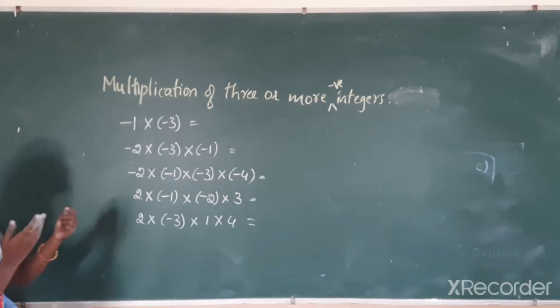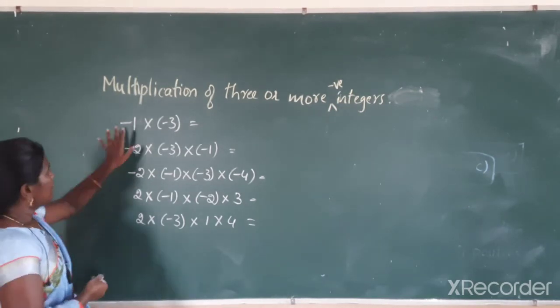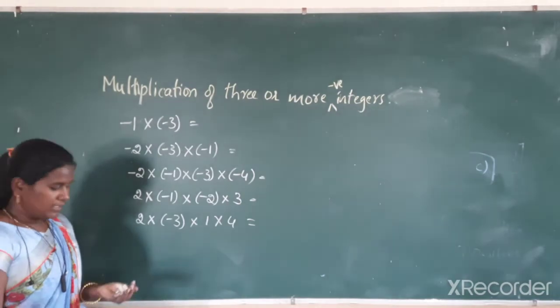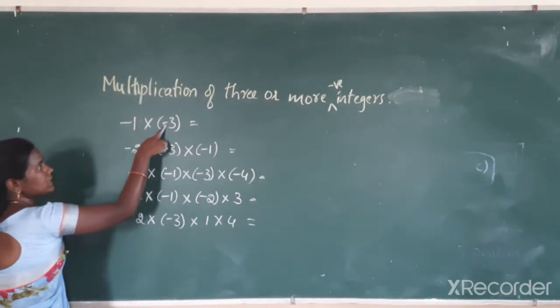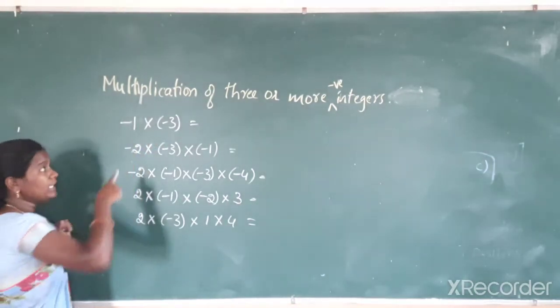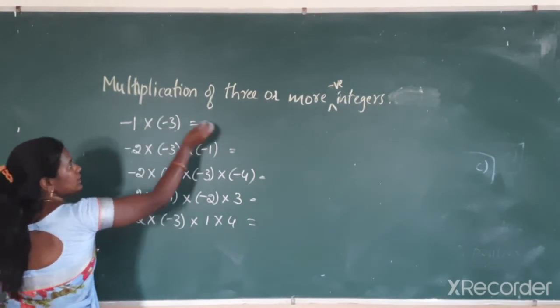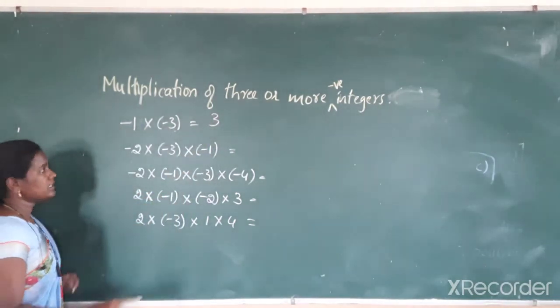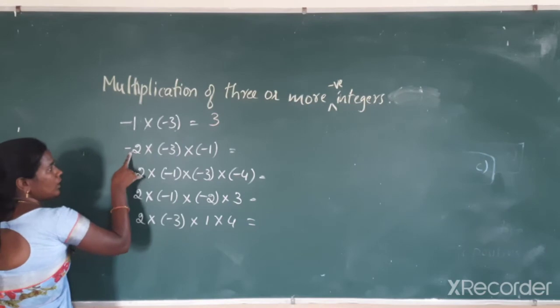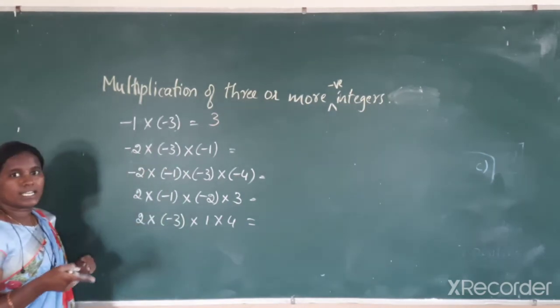What answer are we going to get? -1 × -3: minus into minus is plus, which we know already, 3 ones are 3. Now, how many negative integers are there? Three.